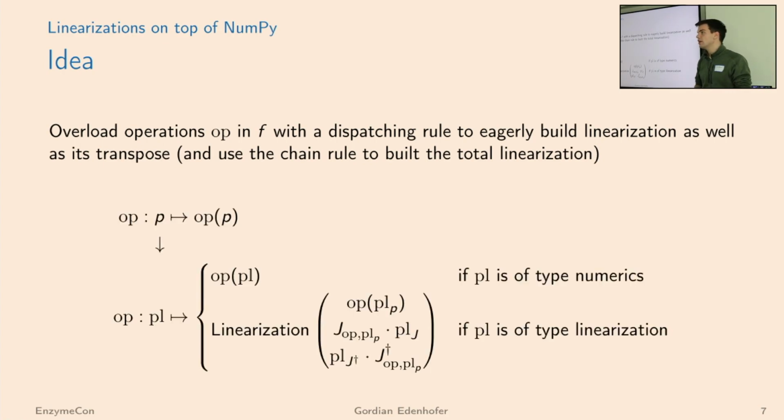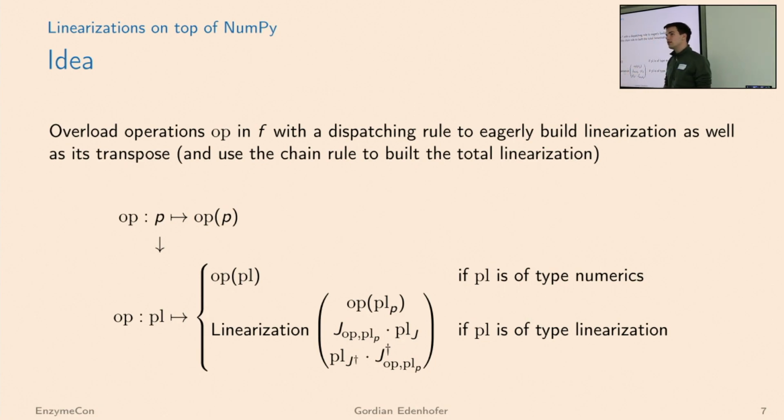How this looks in code is, instead of just applying an operator to the primals, we have a branch in the operator. Depending on whether the input is just a normal primals vector, no linearization, we're just going to call it itself.